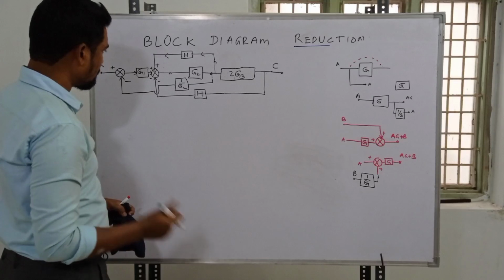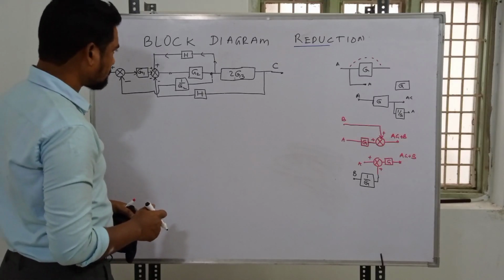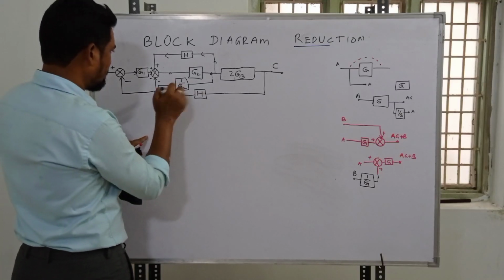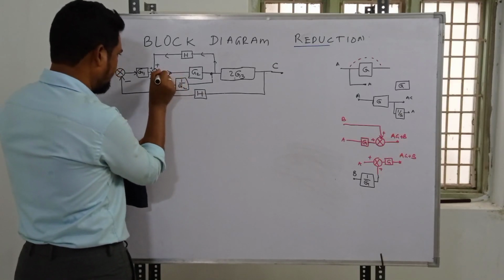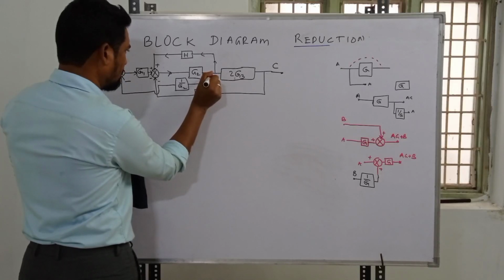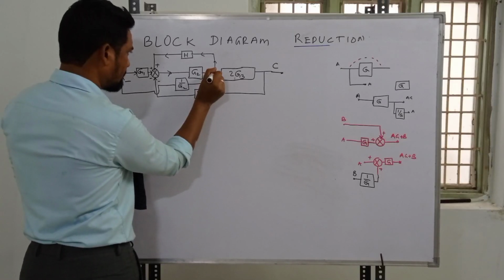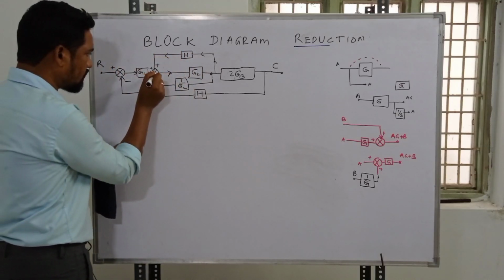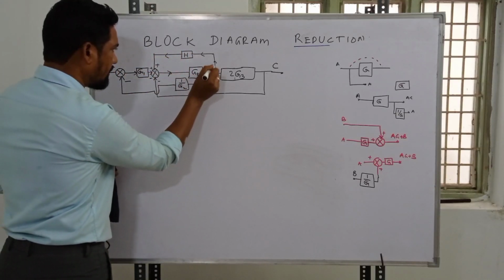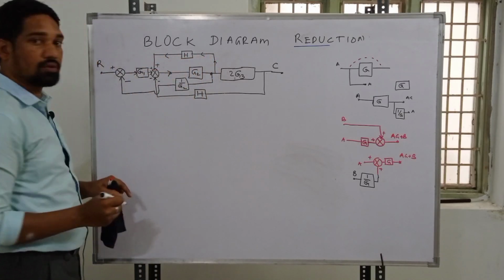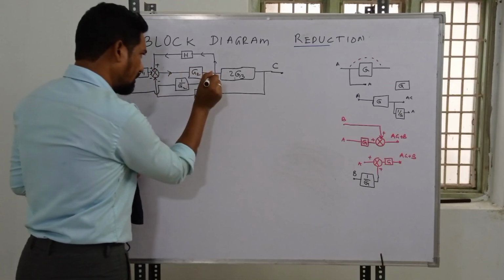So here what simplification can be done? Can you see this? It's moving ahead, and this one, starting from this point G2 and coming back with the transmittance H to this point, it's going and returning back.